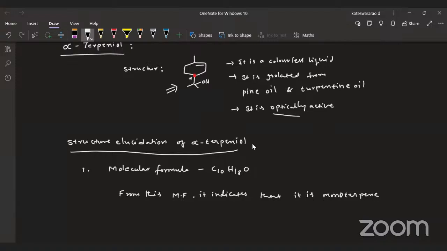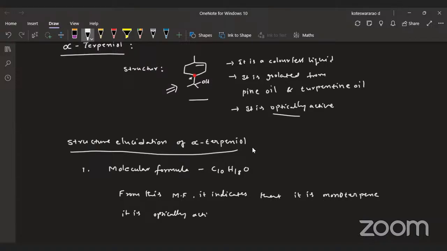If the plane polarized light is rotated by the molecule, it is optically active. If there is no change in the plane polarized light, it is optically inactive. Alpha terpinol rotates the plane polarized light, so it is optically active.